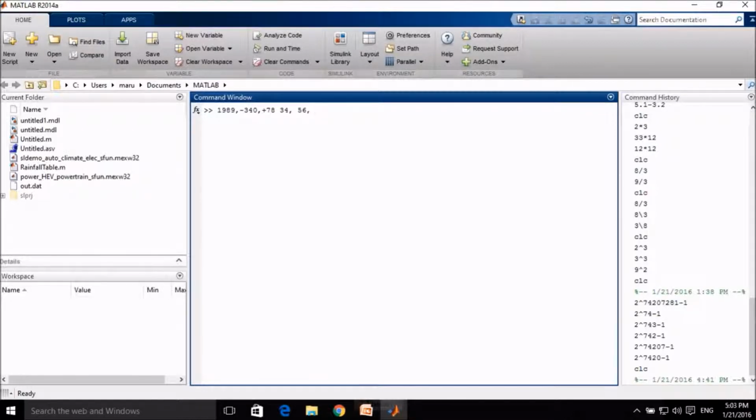Like this, these are the integer numbers which are valid integers.